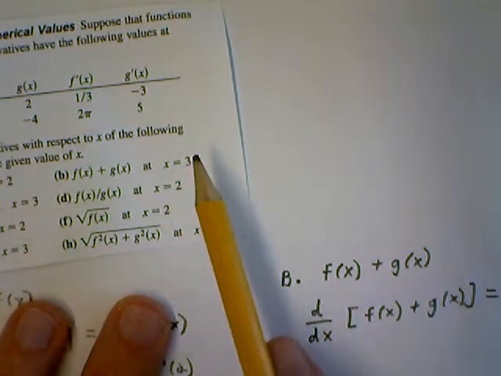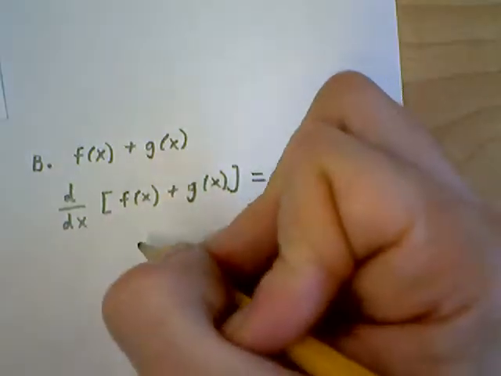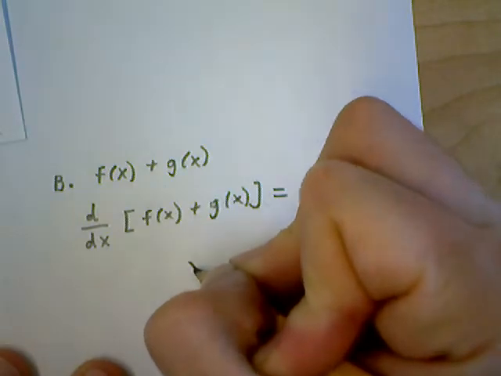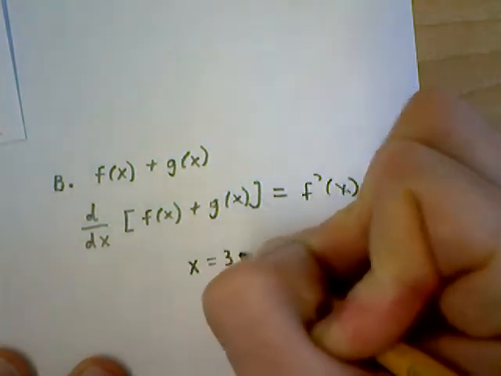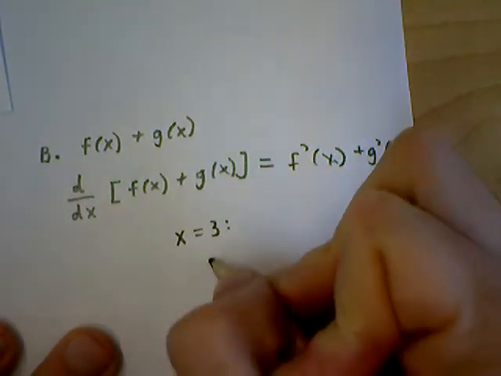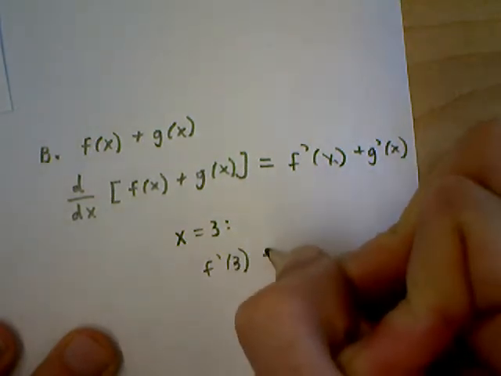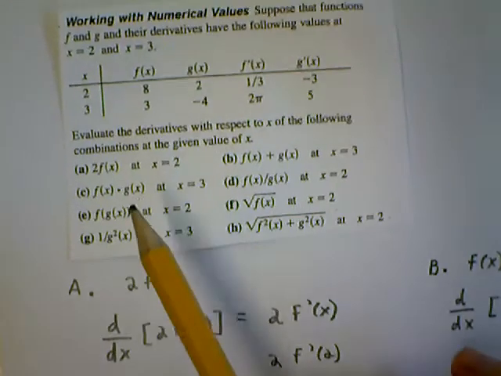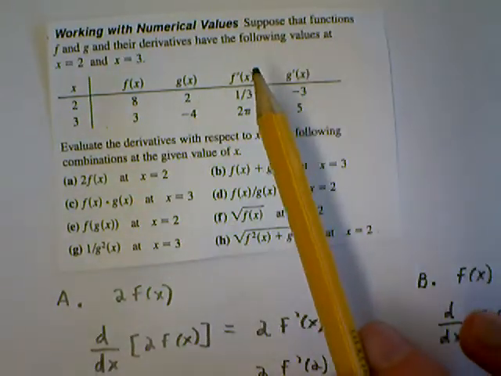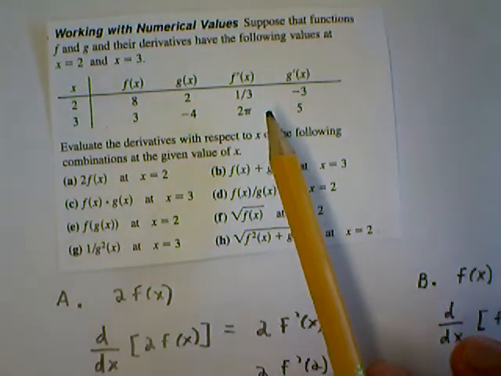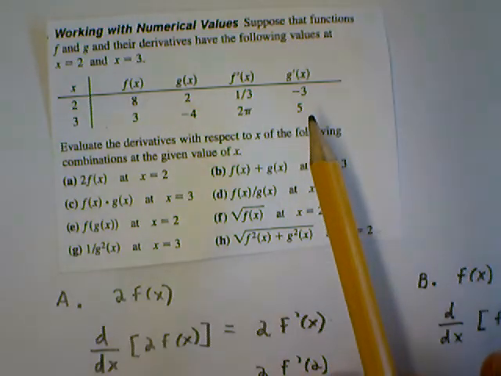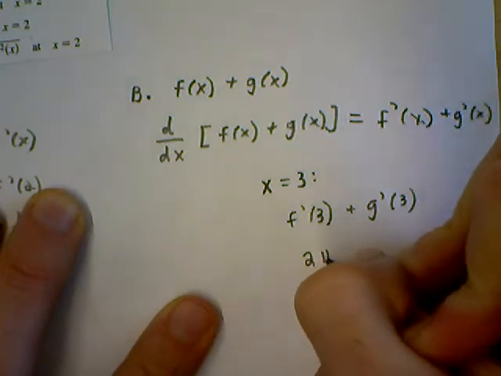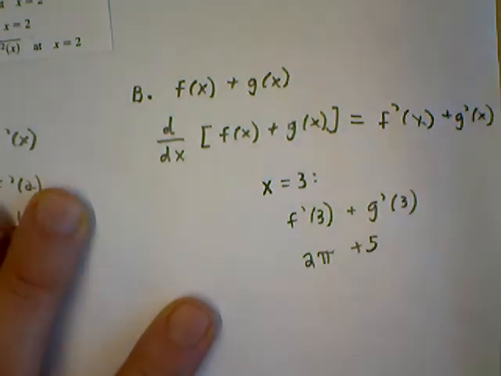I'm taking the derivative at 3, so I'm plugging in 3 now. So I'm going to have f prime of 3 plus g prime of 3. When I plug in, f prime of 3 is 2 pi, g prime of 3 is 5. So I'm just going to have 2 pi plus 5, and you can leave it just like this.